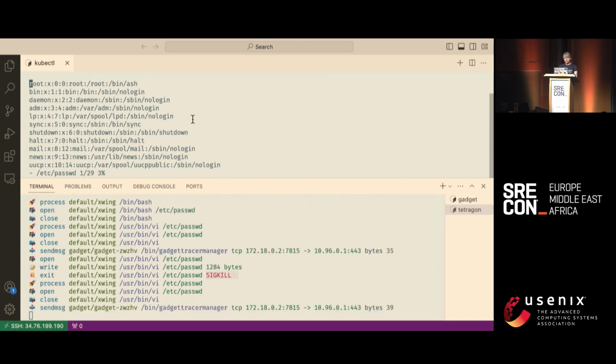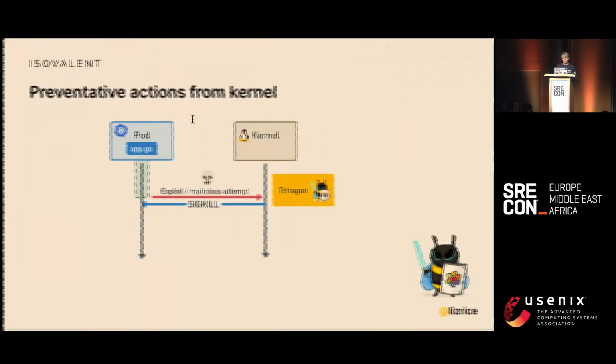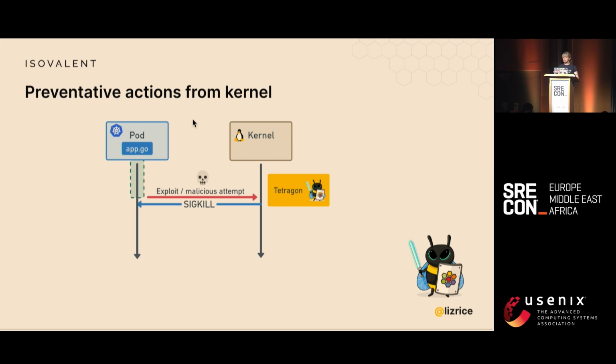You can see that right at the top, there is no sign of that hello Dublin that I tried to write. That write action was prevented. It was killed before it had the opportunity to take place, which from a preventative security perspective is incredibly powerful.